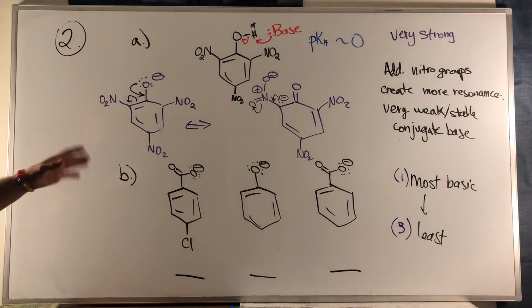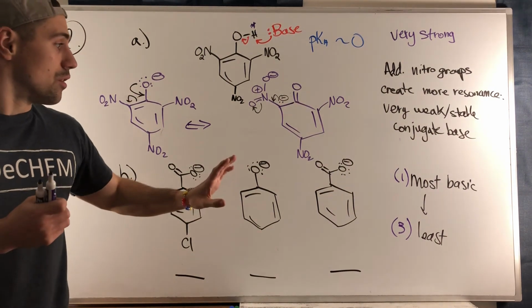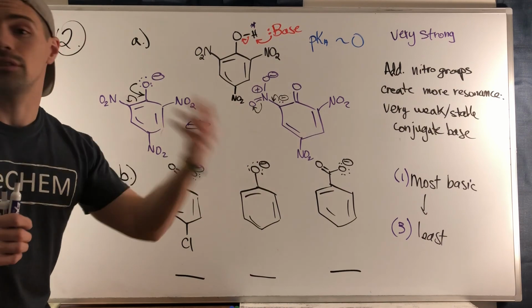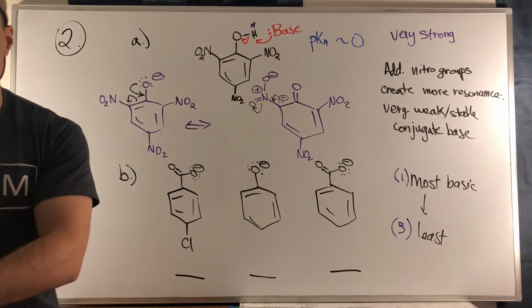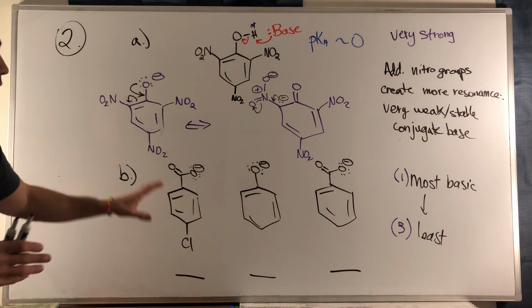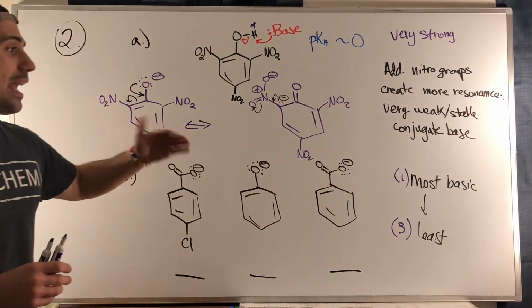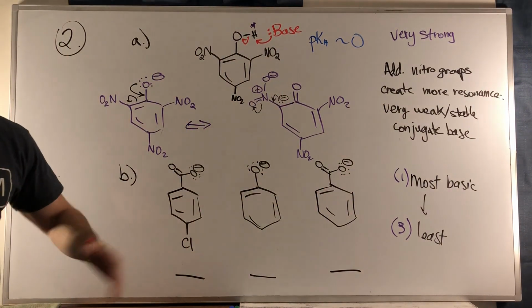So again, what we can do is think in terms of base. If we see more resonance and delocalization of a charge in a given structure, it means it's more stable. Stable means weak. So the weakest base, 3, will have the most resonance, and if maybe there's no resonance at all, we'll see that for most basic, okay?